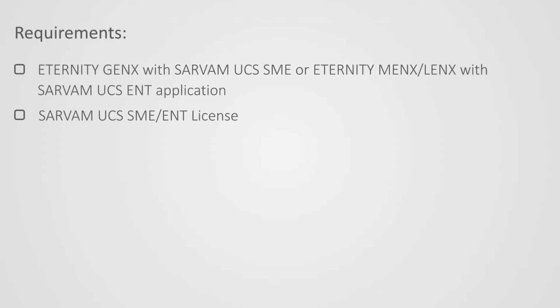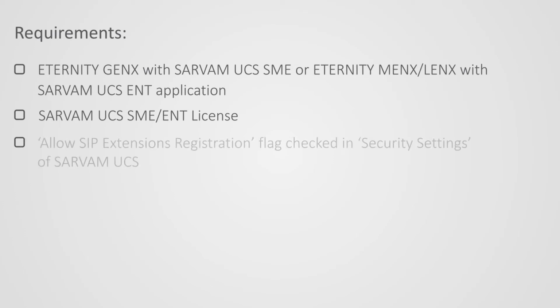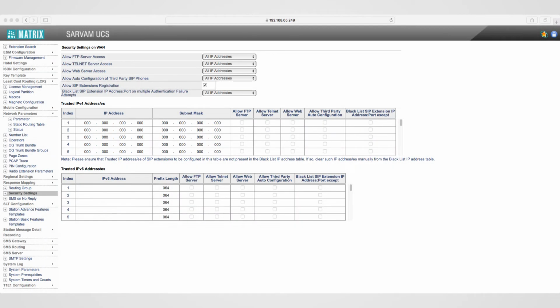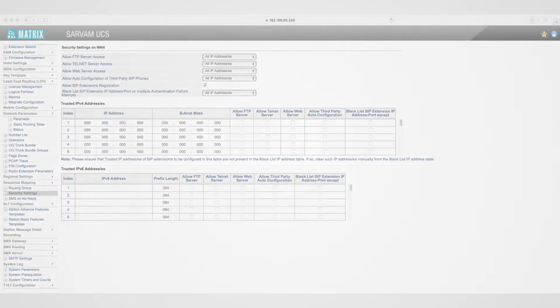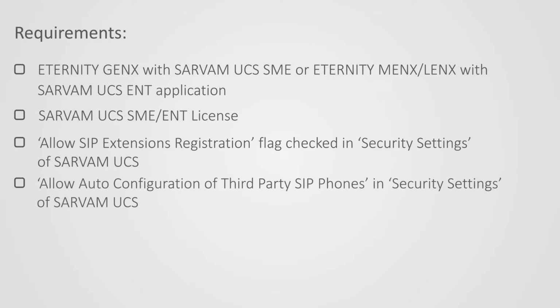SARVAM UCS SME or ENT license. Allow SIP extensions registration flag checked in security settings of SARVAM UCS. Allow auto configuration of third-party SIP phones in security settings of SARVAM UCS.